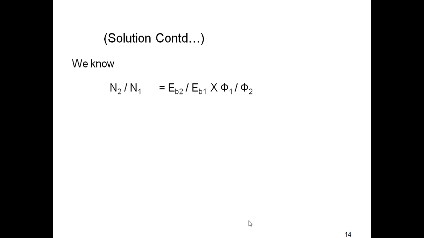And we know that from the back EMF equation, EB is equal to PZNP by 60A. We can write as N2 by N1 is equal to EB2 by EB1 into phi 1 by phi 2.